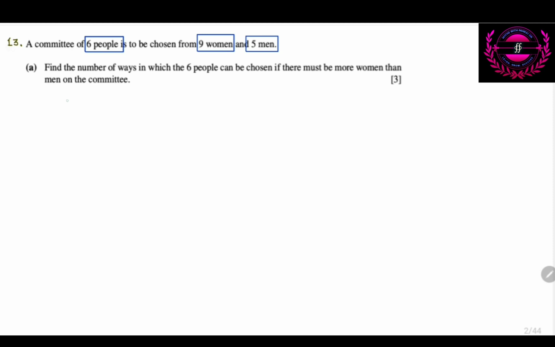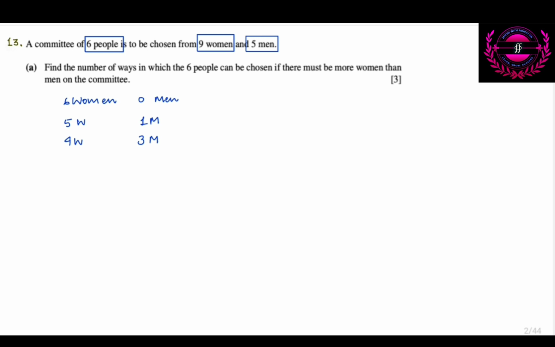It can be 6 women and 0 men, or 5 women, 1 man, or 4 women, 3 men. So it can never be 3 women and 4 men because the number of women must be greater than the number of men.